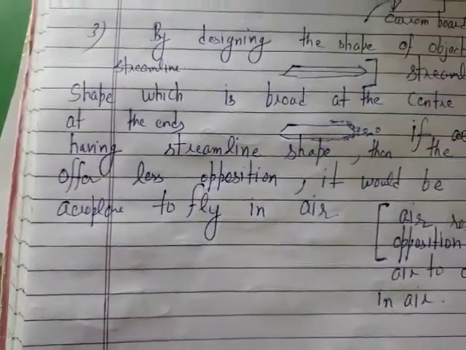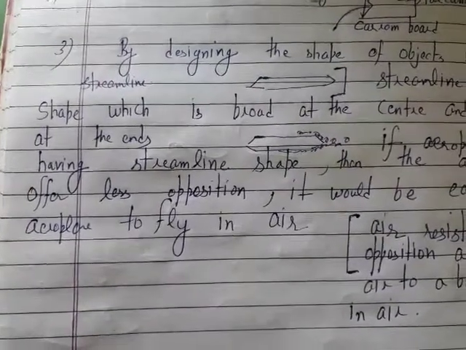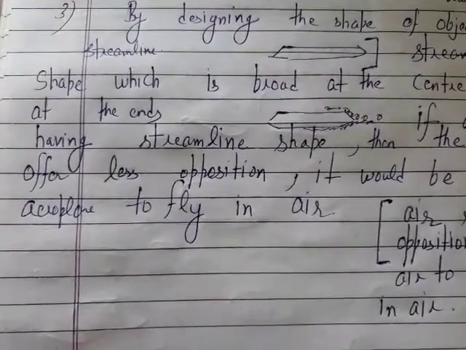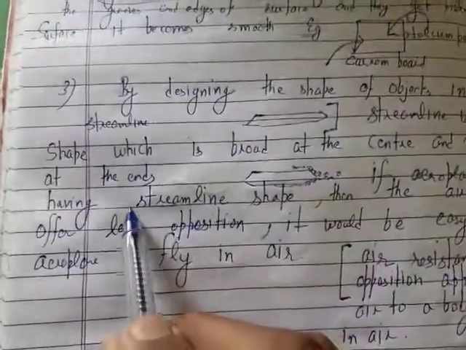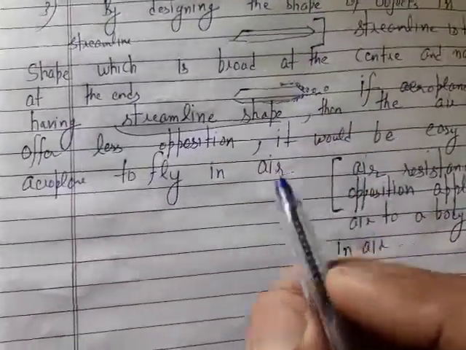And this is the third way of reducing friction: friction gets reduced if we design the body in streamline shape.